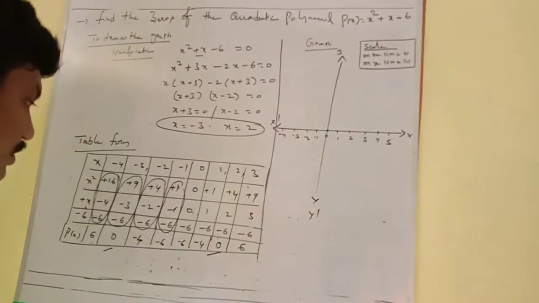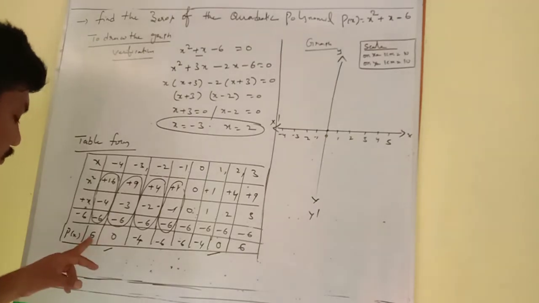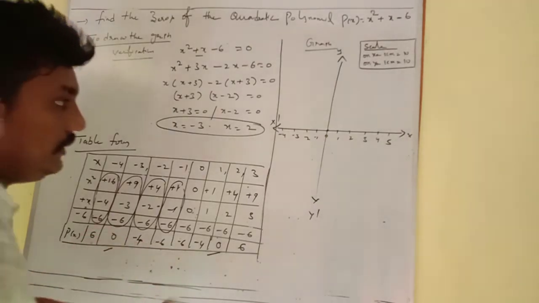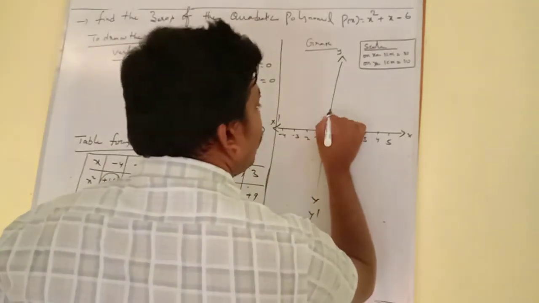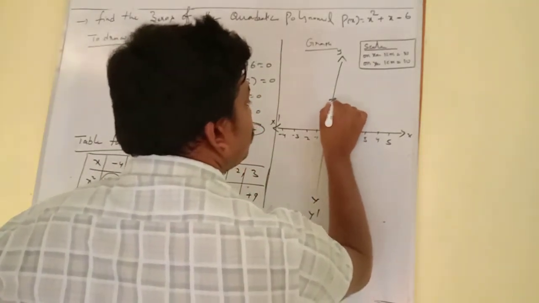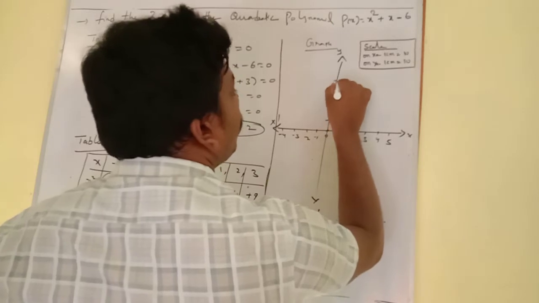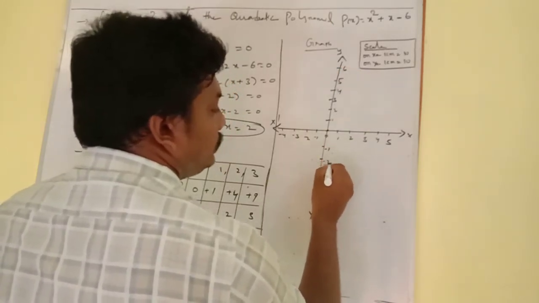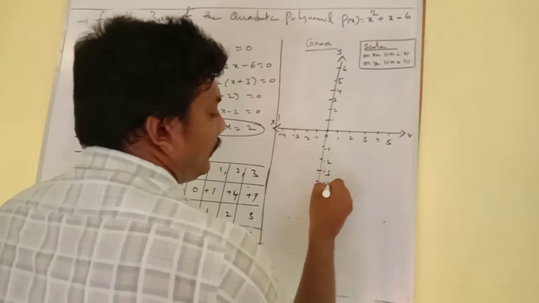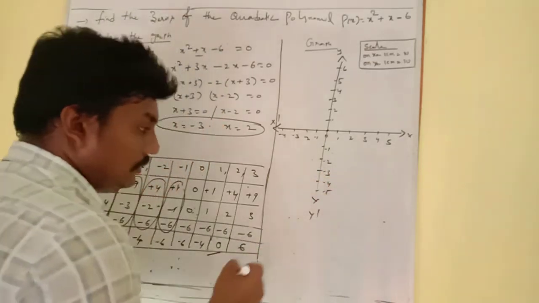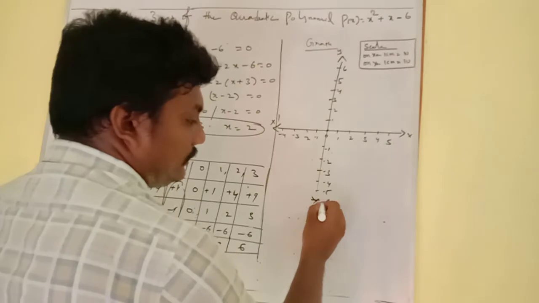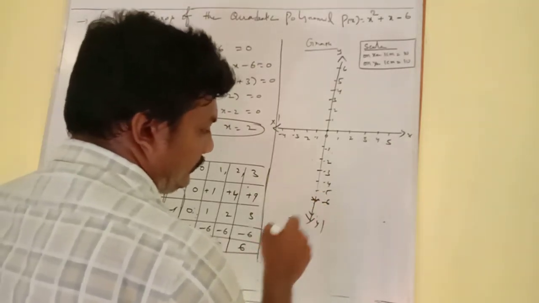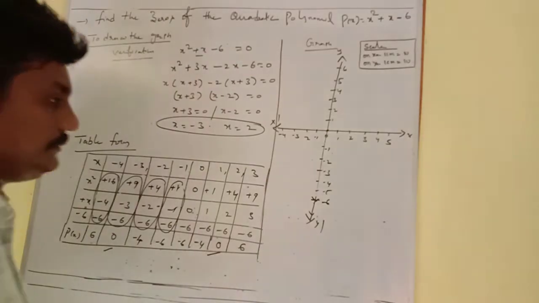On the y-axis we consider from the big value plus 6 to the small value minus 6: 1, 2, 3, 4, 5, 6, and minus 1, minus 2, minus 3, minus 4, minus 5, so you can take it as minus 6. If you want, you can extend this value on y dash.